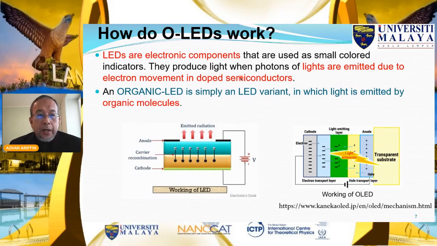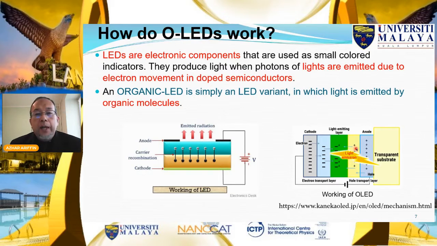Whereas the organic LED is simply a variant of this LED, in which the light is emitted by organic molecules. In the LED, the light is emitted by this doped semiconductor, which is normally a metal like gallium. There are many other metals used as the semiconductor that will emit light when electron and hole are mixed together at this position here. So that is for LED.